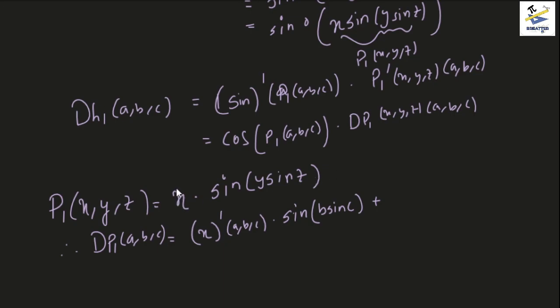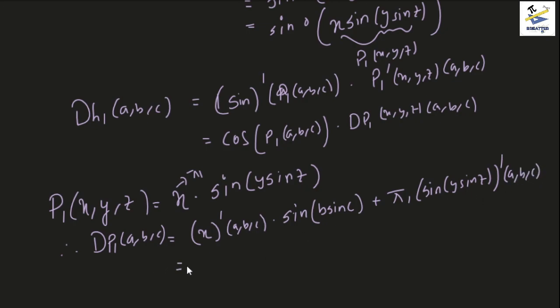So this x basically is pi 1 here. So it basically is pi 1 multiplied by the derivative of sine of y sine z at the point ABC.